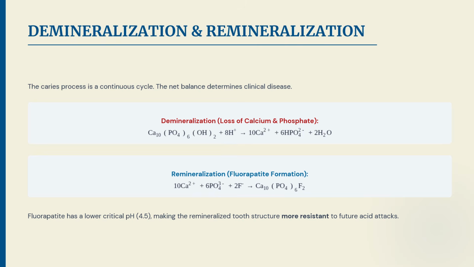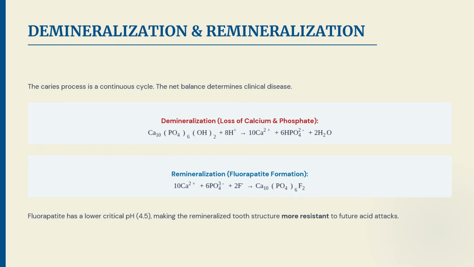Again, this is a good formula, and I don't think anyone remembers it, but the key takeaway is that in the process of demineralization, a lot of calcium and phosphate is lost, and vice versa, in the remineralization process, which happens because of fluoride applications, there is formation of fluorapatite.